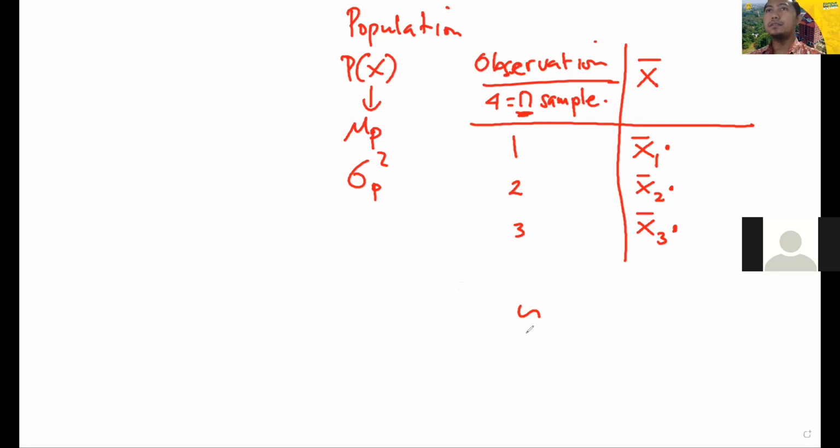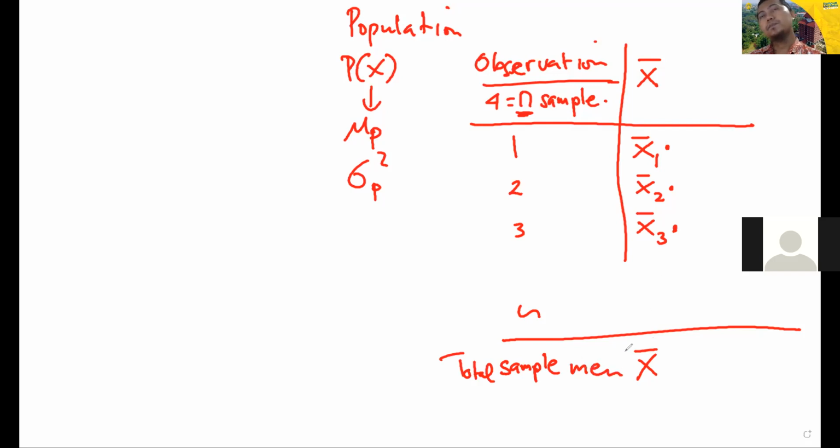And then we get the grand sample mean. Actually, this is the sample average, the total sample mean, given many observations.